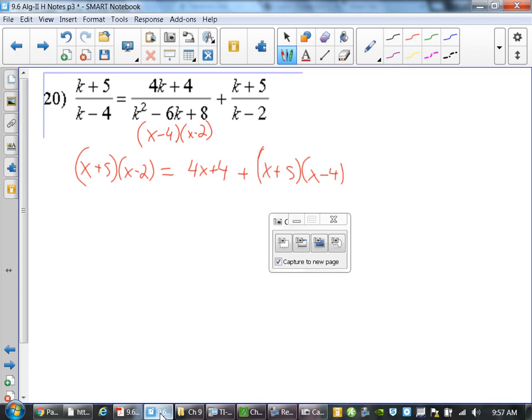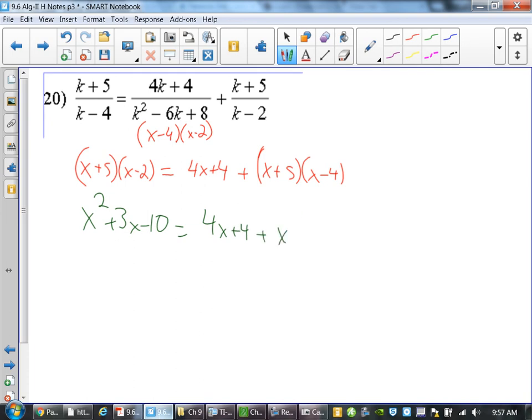Okay. Now it turns itself into a giant FOIL and combined like terms. So we'll have x squared plus 3x minus 10. 4x plus 4. X squared plus x minus 20 on the other side.